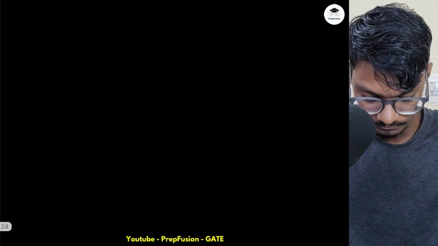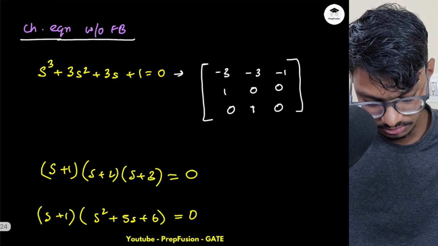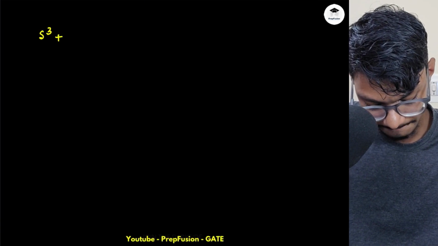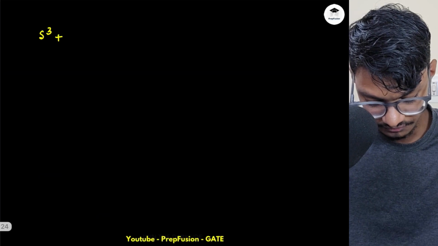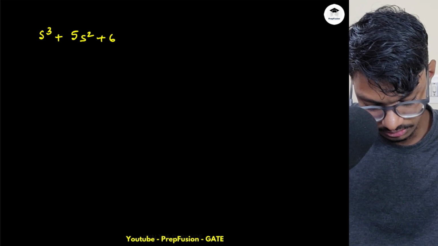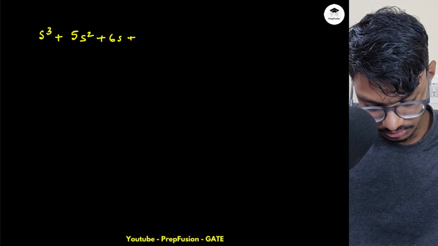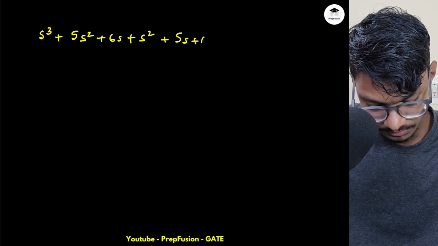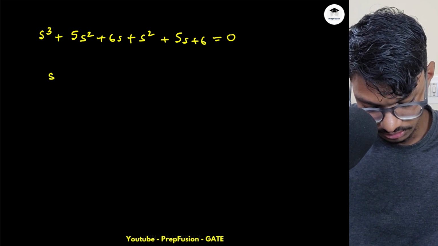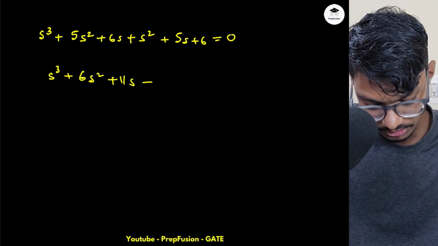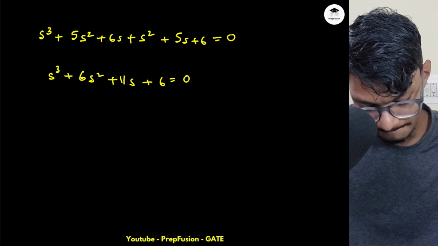So this will be basically (s plus 1) times (s square plus 5s plus 6). That gives s cube plus 5s square plus 6s plus s square plus 5s plus 6 equals 0. So s cube plus 6s square plus 11s plus 6 equals 0.